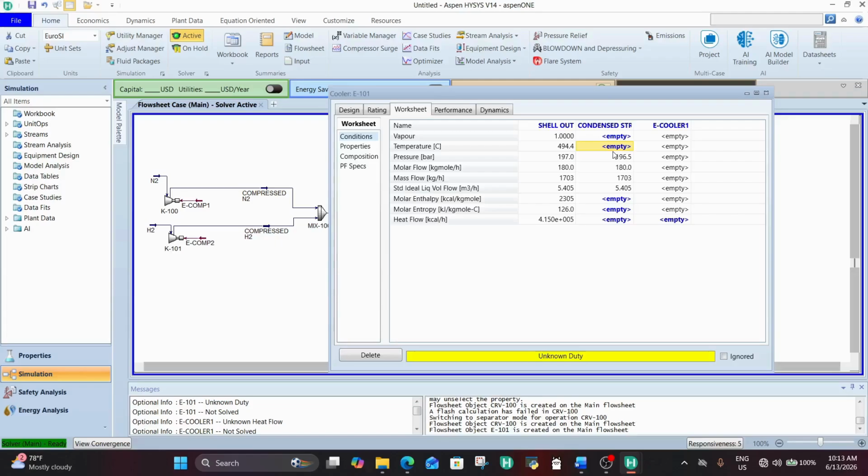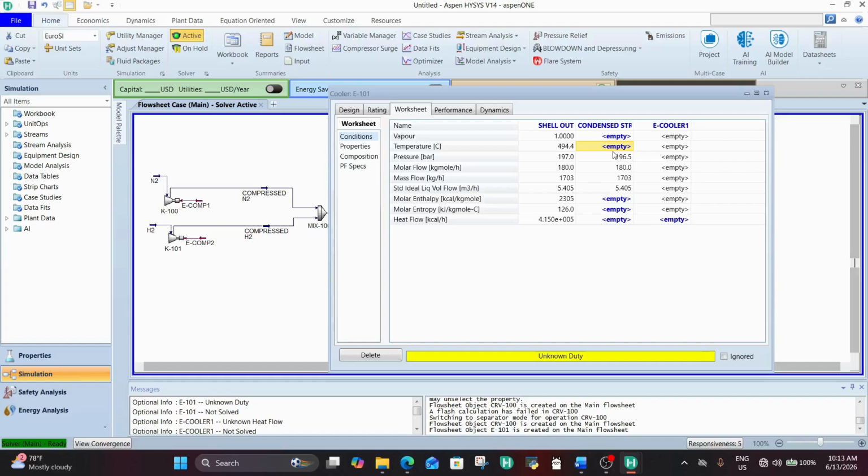Bear in mind, pressure also affects this. Pressure is also a very paramount factor in this particular case. So at 1 bar, the boiling point of hydrogen is negative 252, approximately negative 253 Celsius. For nitrogen, it is negative 196.